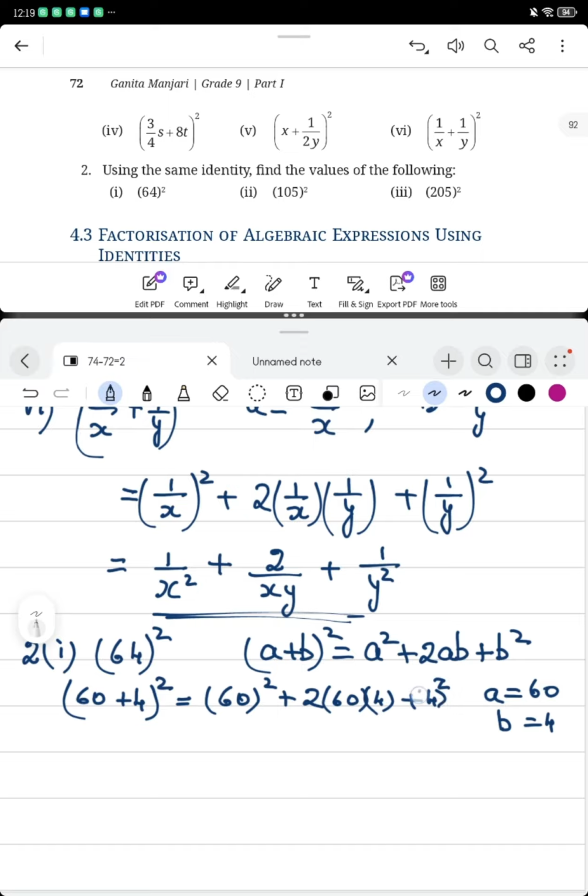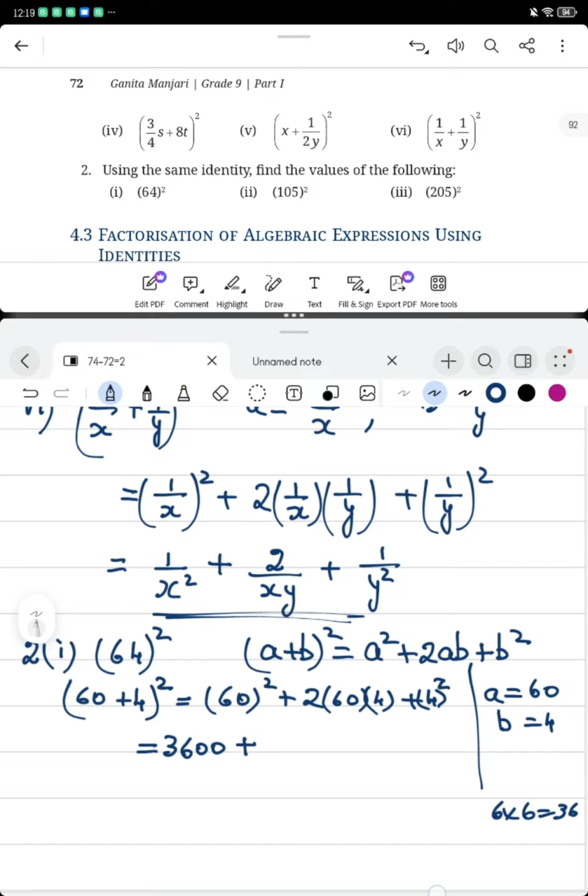This is the way we do it. So now let us do it. 60 square, you don't have to multiply 60 into 60. What you do is you just multiply 6 into 6, which is 36, and then you add the 2 zeros to it. When there are 2 zeros, the square of that will be 4 zeros. So here it is going to be 3600.